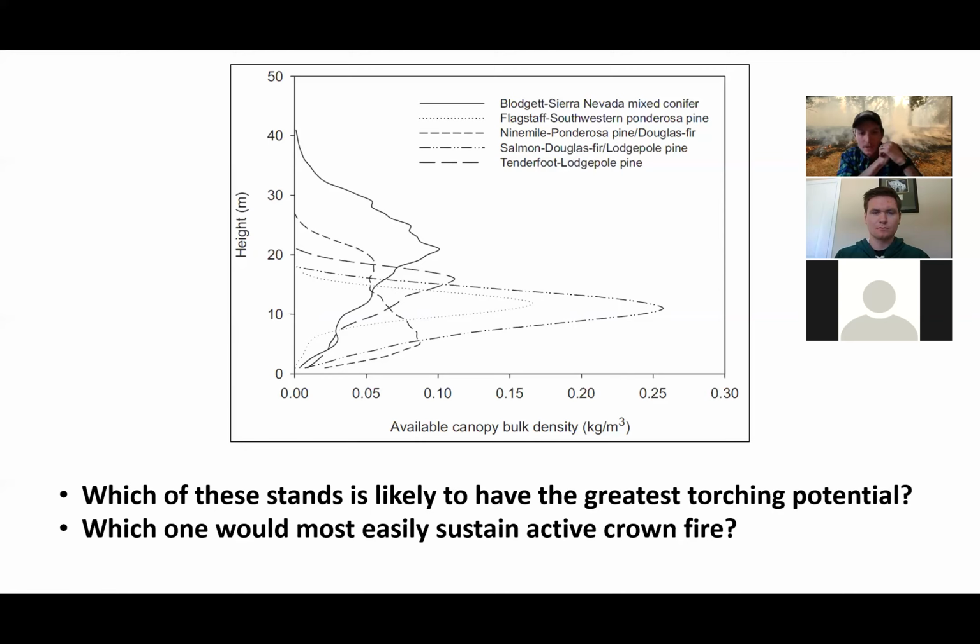So I would probably argue that it would be the 9 Mile Pondo one, just because there's more fuel lower in the canopy here. That's what this is showing us, right? There's more fuel down low. It might be minor, and it'd probably also depend on how you measure your canopy base height, but that's what I see here: more fuel low in the canopy.